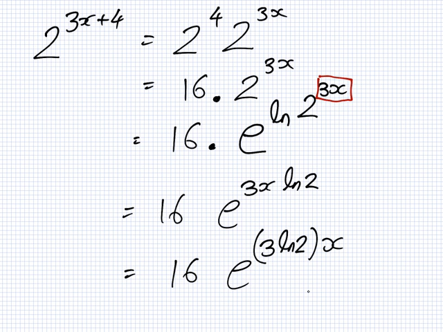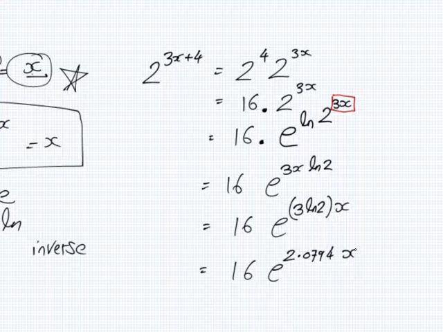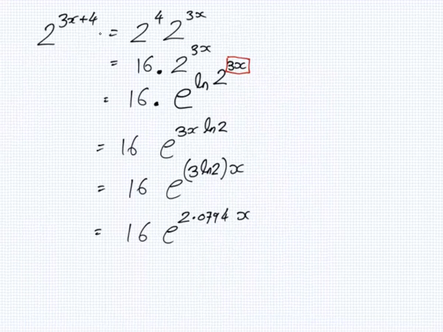Now you realise I'm very, very close to what I want because I have a e^(bx). So if I just get my calculator and type in 3 log 2, I get 16 e^(2.0794x). So what I've just done is taken this and rewritten it in this form.